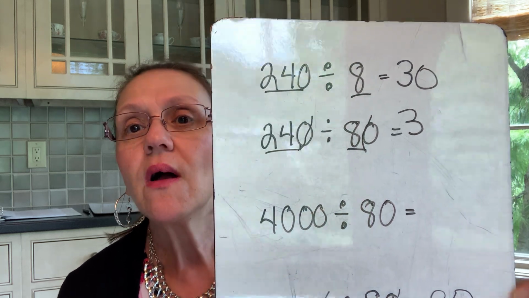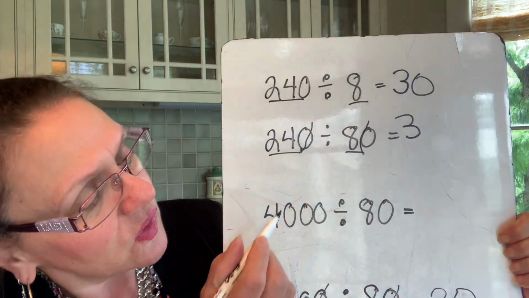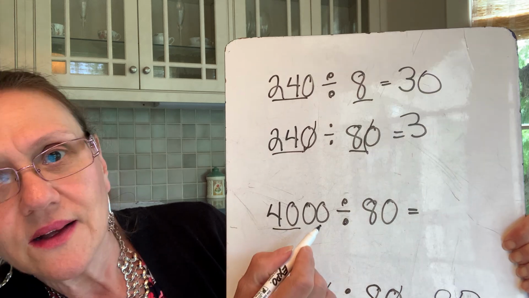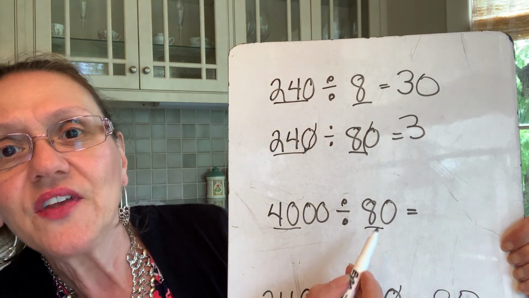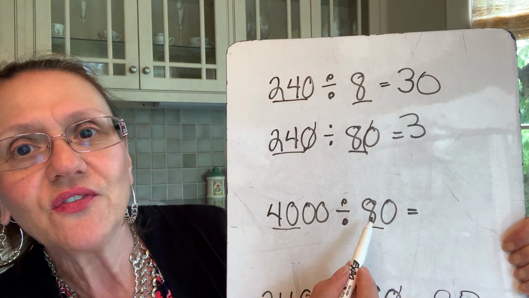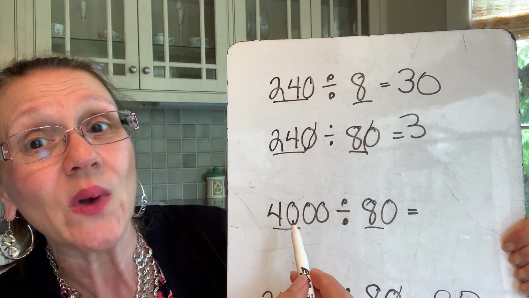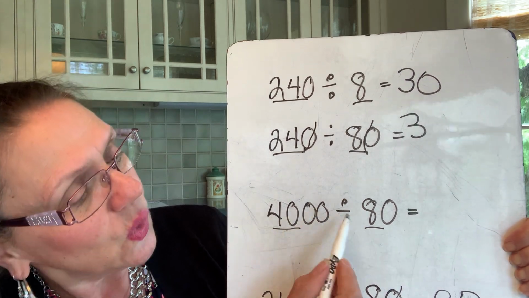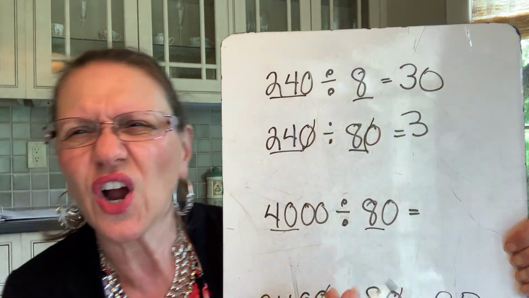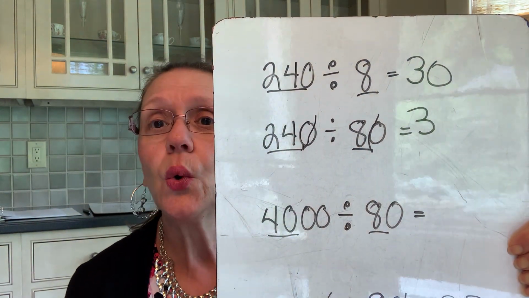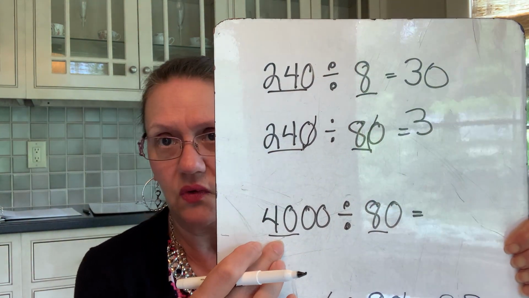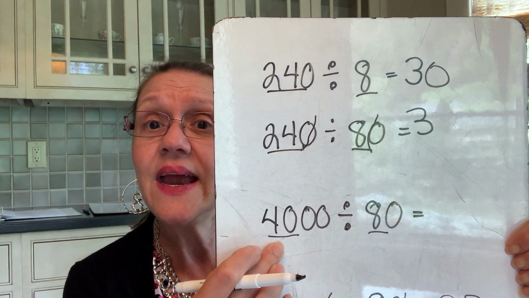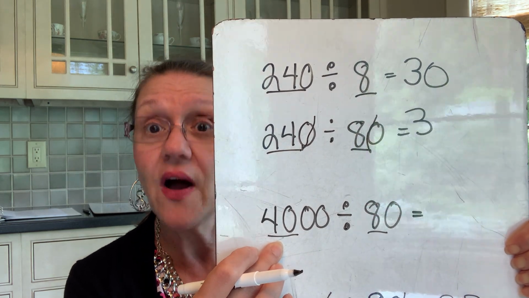Your actual basic fact here is 40 divided by 8. This is your divisor. It's dividing into this, and 8 does not go into 4. So when you look at 8 goes into 4 and you think, that doesn't work. No, so use one of the zeros as your basic fact. 8 goes into 40 5 times.